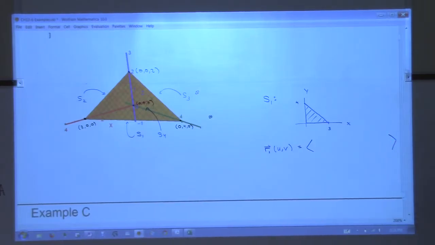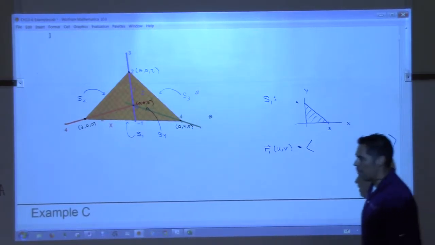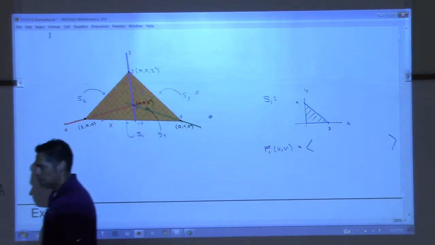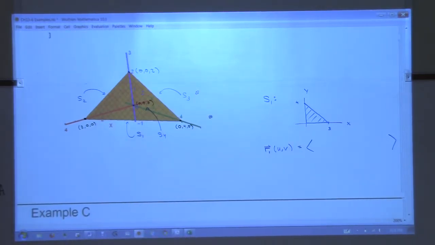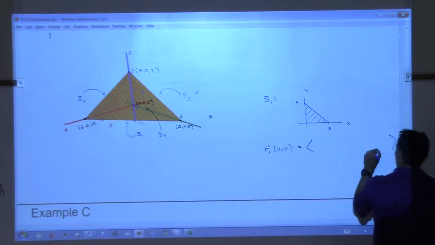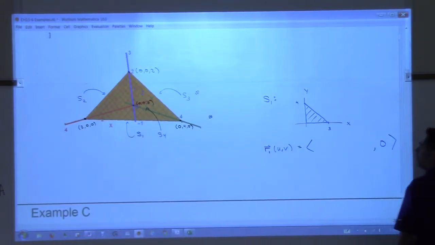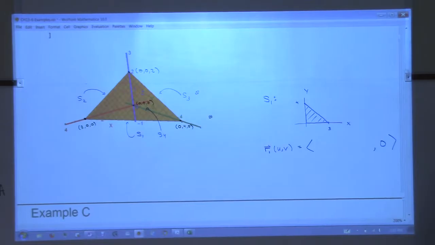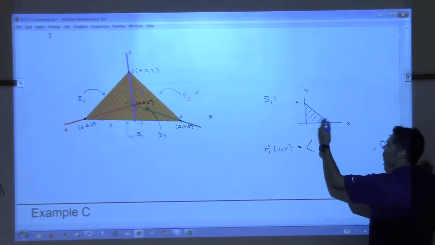Okay, is there any nice part of S1? Anything that we're really happy about with S1? Z is 0, right? Because it's on the ground, right? So Z is 0, that part, pretty straightforward. And then I have control over 2 variables now. So when you look at this surface, how can you draw this?